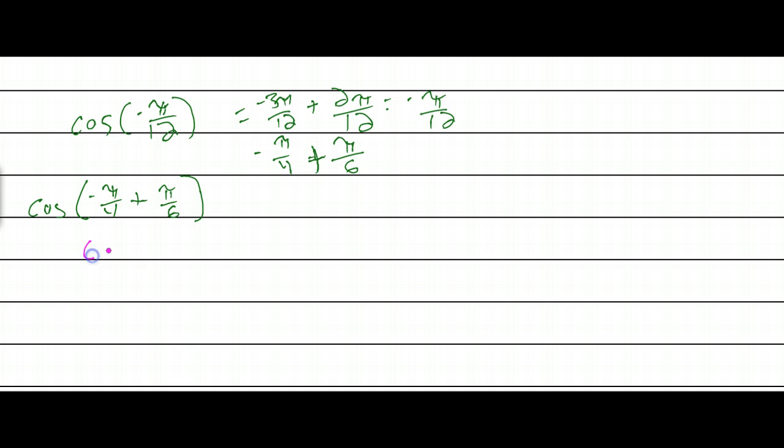So now let's write it. So it'll be cosine of negative pi over 4 times cosine of pi over 6. Now since we are adding, we are going to subtract the product of sine from the product of cosine. So it's going to be sine of negative pi over 4 times, oops, my bad.